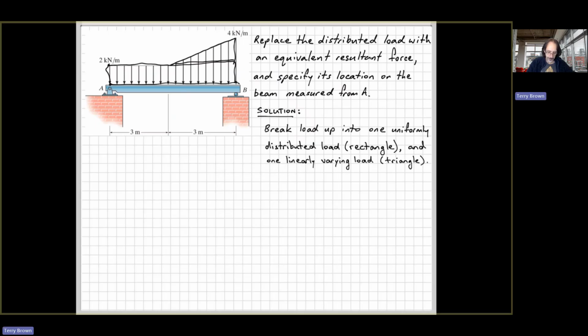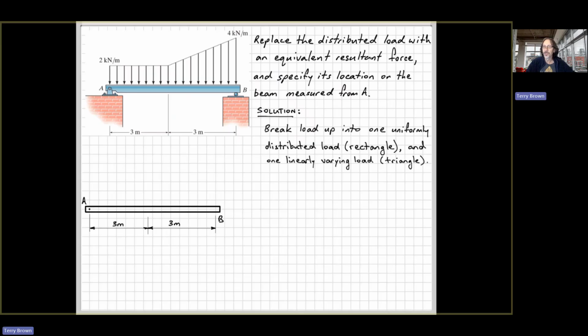All right, so let's clear that away. Draw our beam. So you should get used to drawing your own diagrams, not just putting answers on the pictures that are given to you. It helps you develop your drawing skills. And in practice, you've got to come up with your own drawings in the first place. Generally, you don't have someone else giving you the drawings.